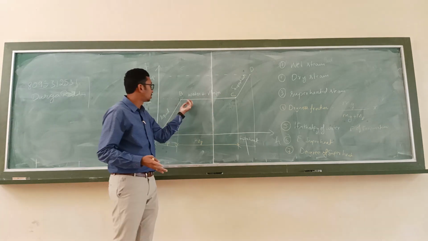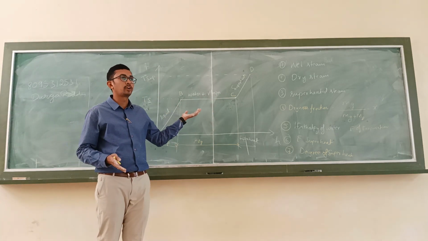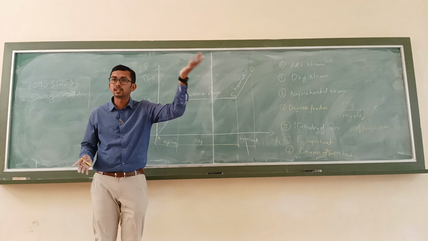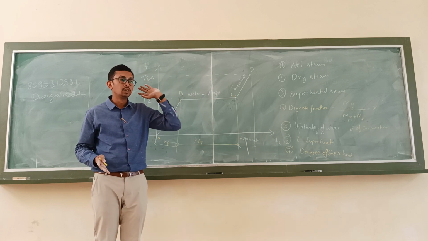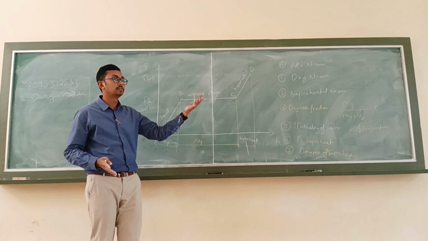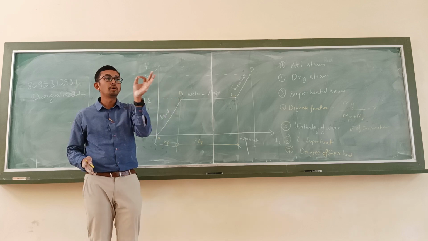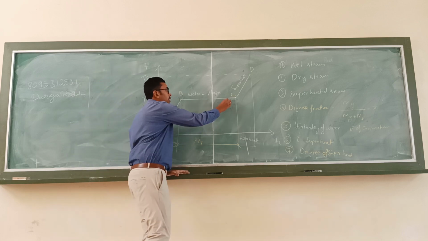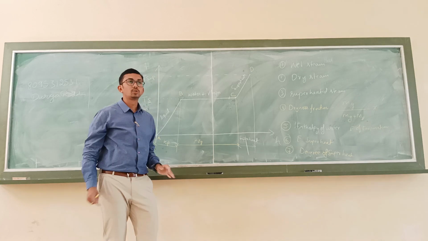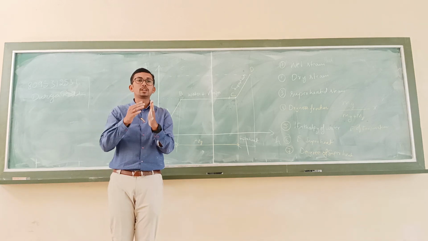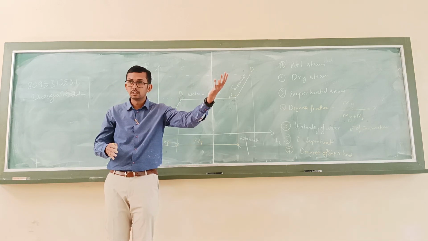In between this, it may vary from 0.1 to 0.2, 0.3, 0.4, 0.5. So what is the meaning of x equal to 0.9? That means we are somewhere here. That means 90% of the given steam is dry.